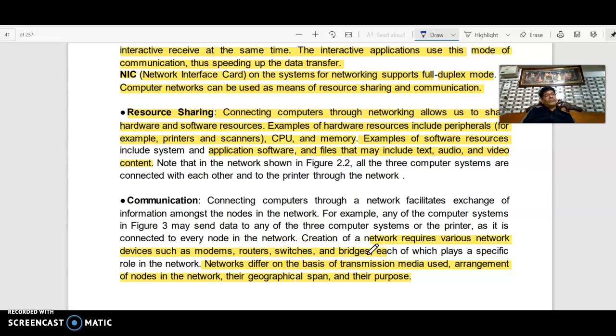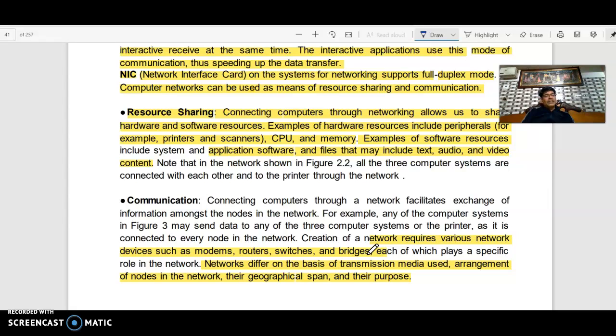Network devices. We are the users only. We are just getting the benefit, typing in the address bar, typing Wikipedia, using Google Chrome, and observing the videos. But behind this benefit a big science is there.